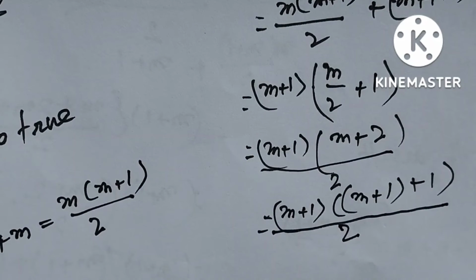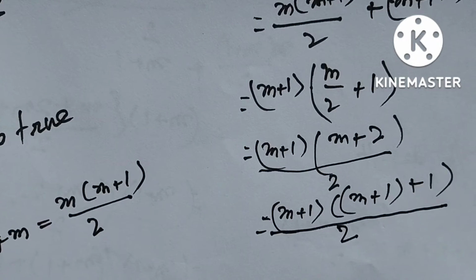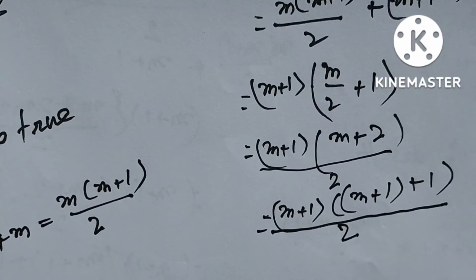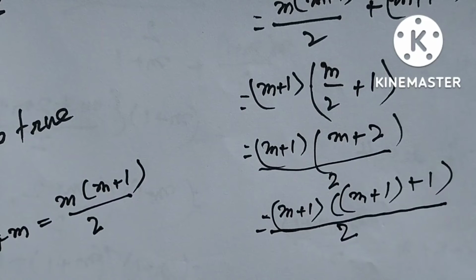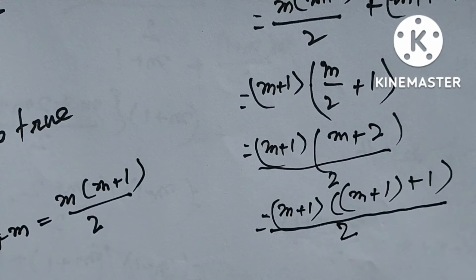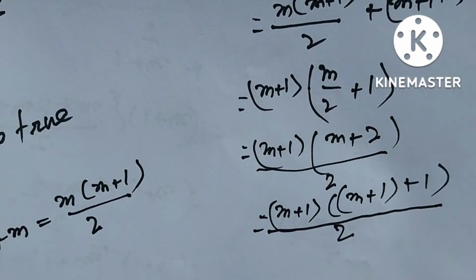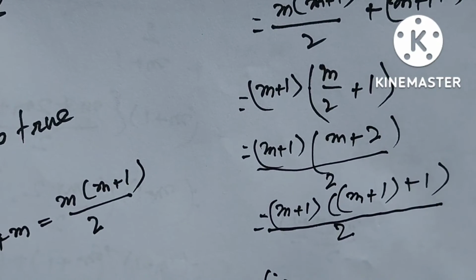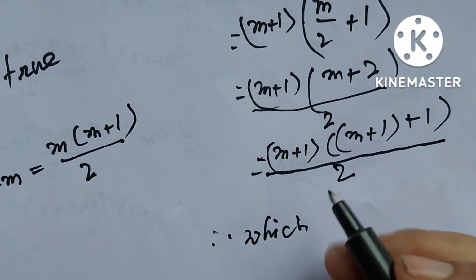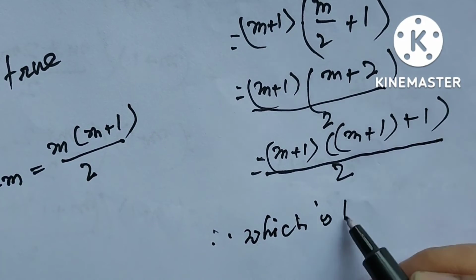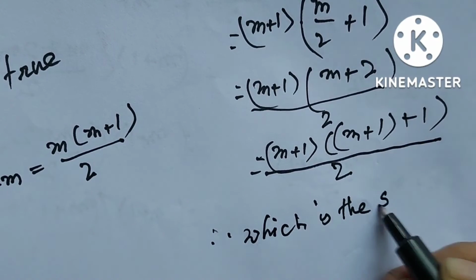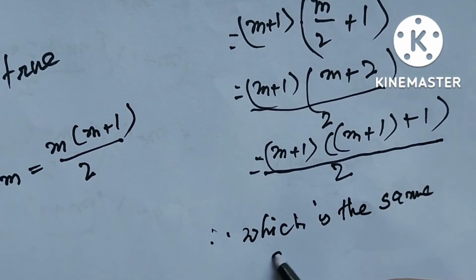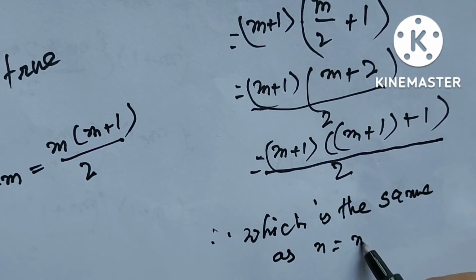It is also proved as we put n is equal to m plus 1, which is the same as the given result for n is equal to m plus 1.